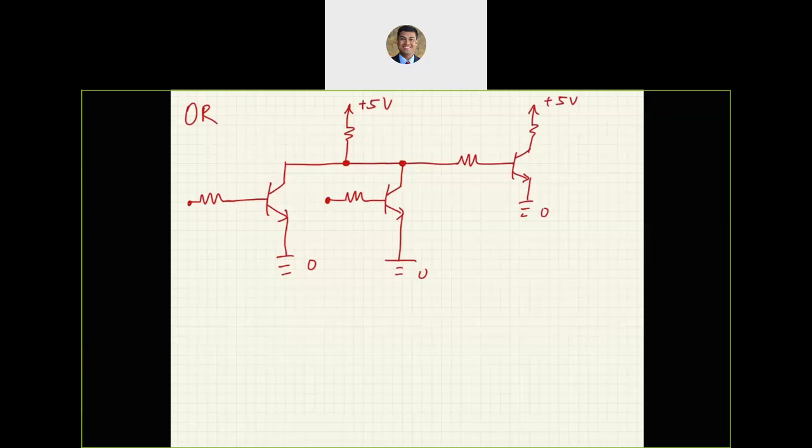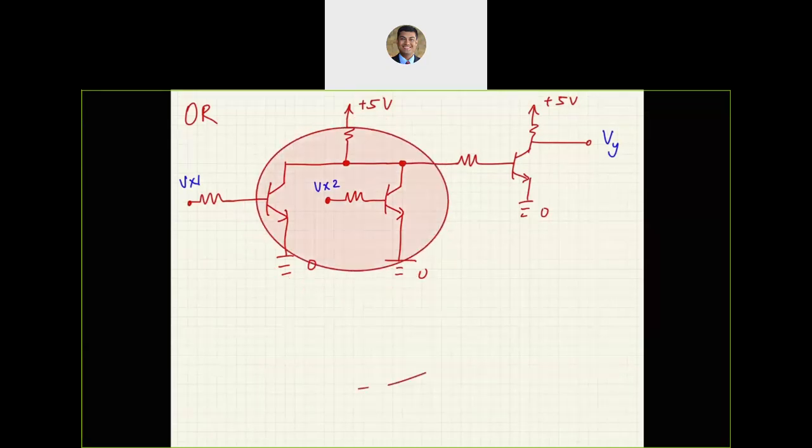So that is going to give us OR. Let me write the inputs as Vx1, Vx2, and finally I have Vy. Just for clarity, this is one gate and that is one gate.